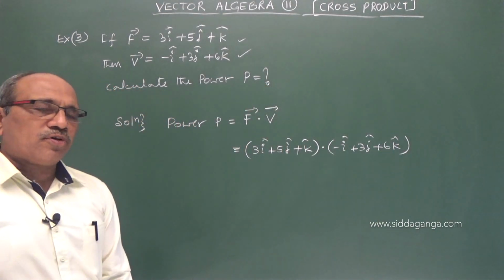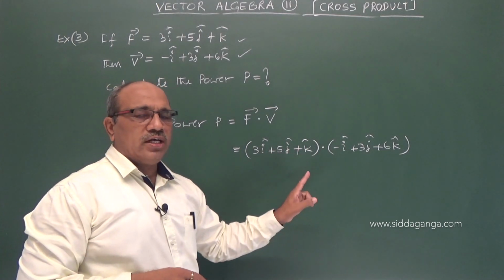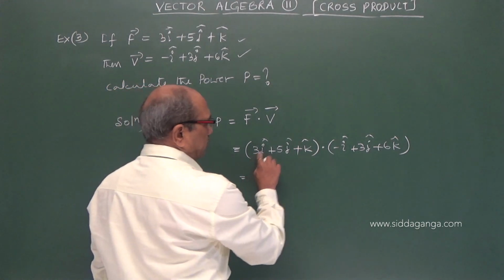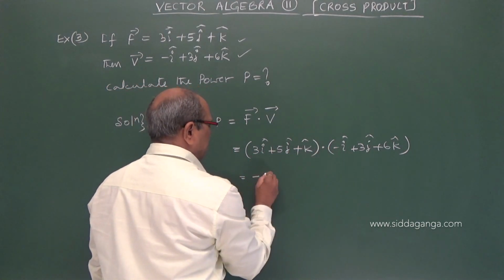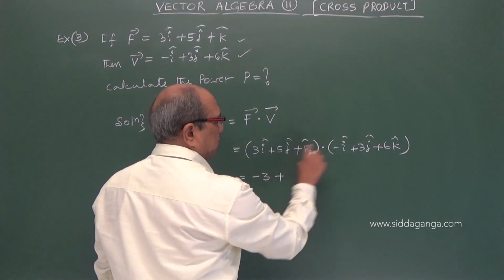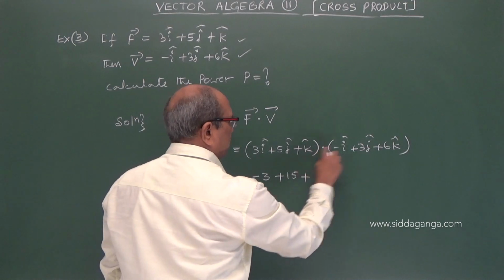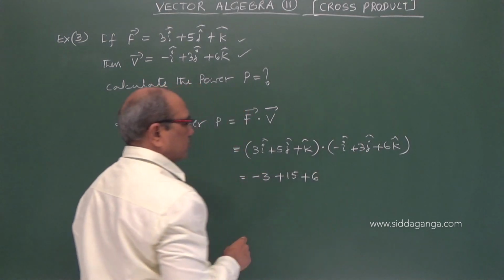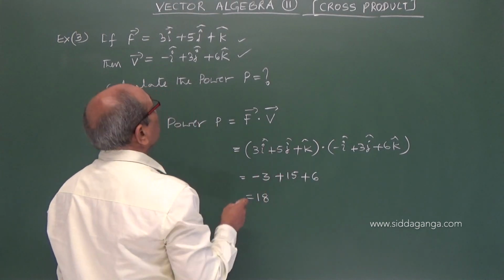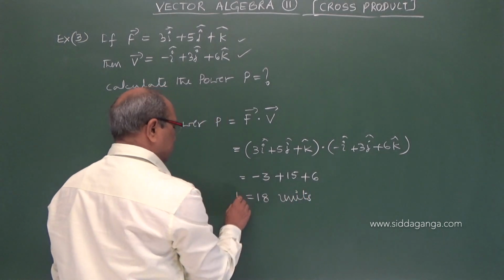And you know in the dot product, i to i, j to j, k to k become 1, in other cases it becomes 0. Therefore, 3 into minus 1 is minus 3, i into i is 1, plus 5 into 3, j to j, 15, plus 1 into 6 is 6. 21 minus 3 becomes 18. Units are not given, we can write it as units.